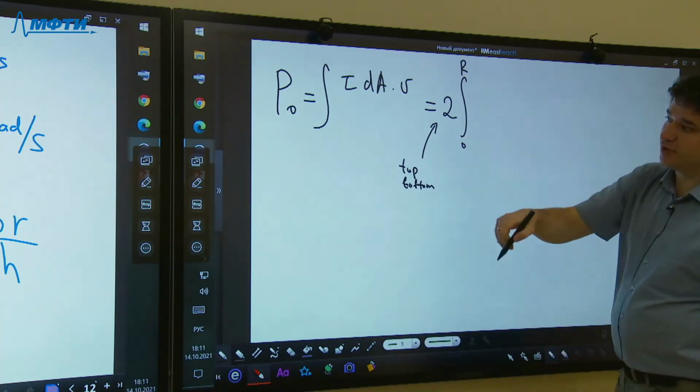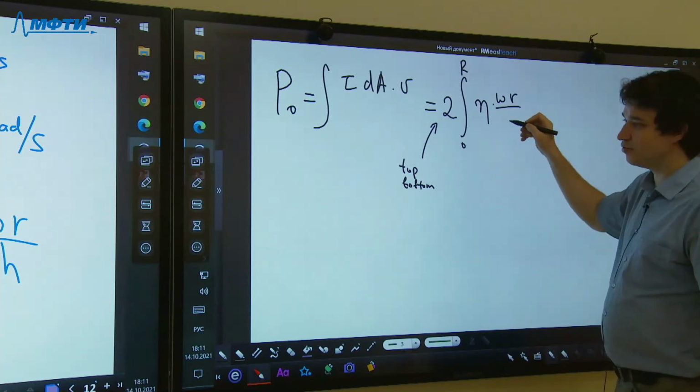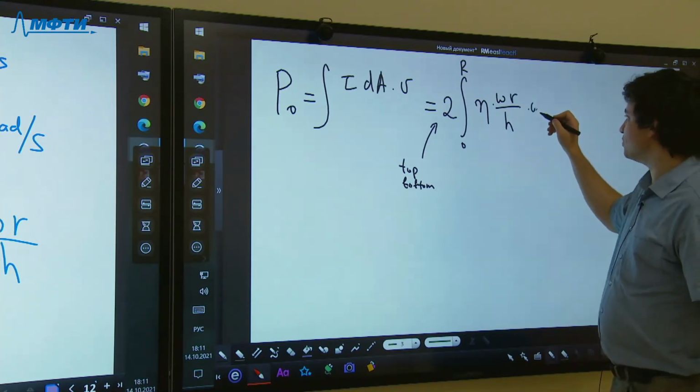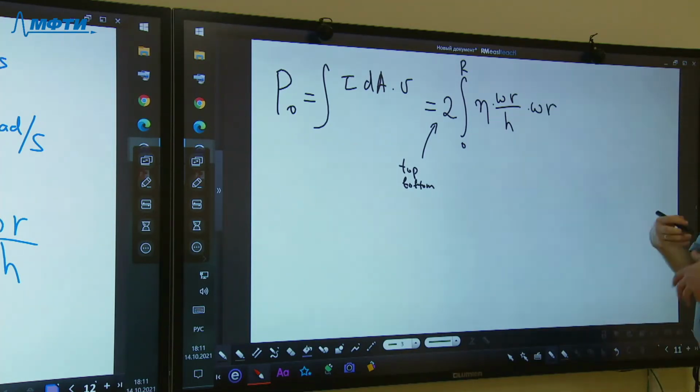For the integrand, I have eta times omega r over h, multiplied by the velocity, which is once again omega r, and multiplied by the element of surface.